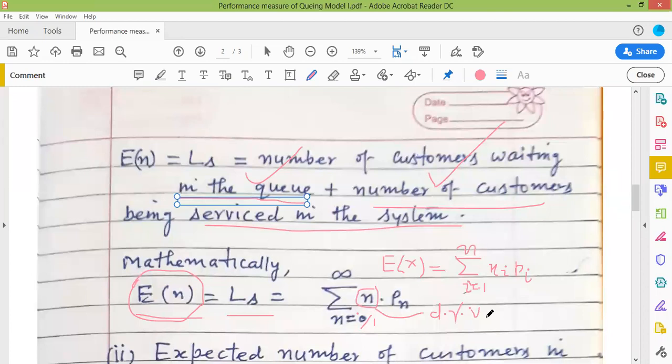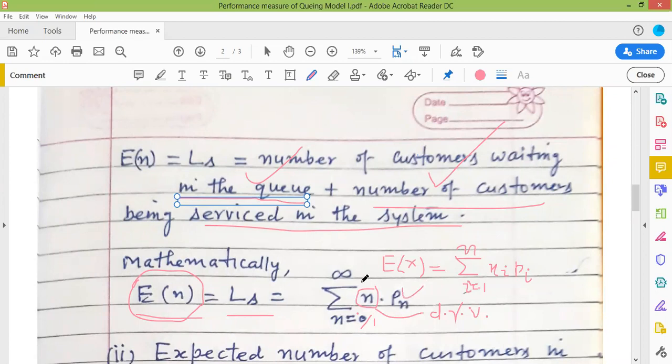Naturally it looks like a natural number, but it is discrete because of the natural counting. It is discrete, but here it is random. It is not deterministic or fixed, and the corresponding probability is Pn.